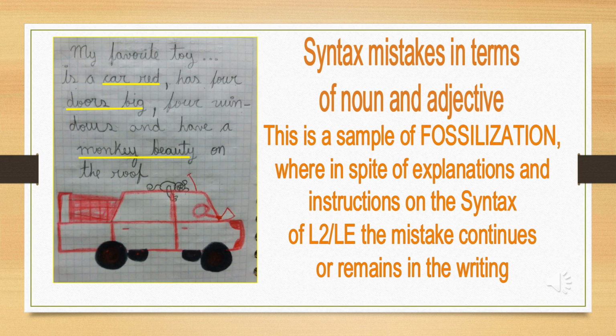Eventually, he could fall into what is called fossilization of mistakes, where the student practiced and internalized such mistakes, made them part of regular use, and made them a normal construction in the second language.